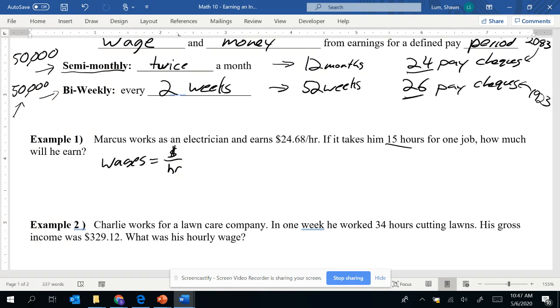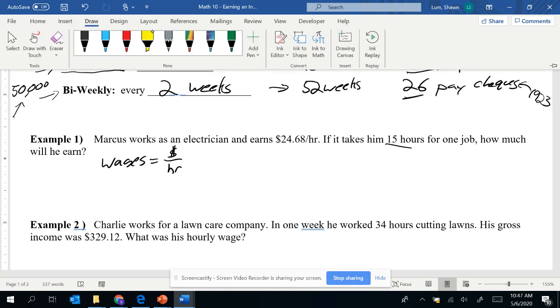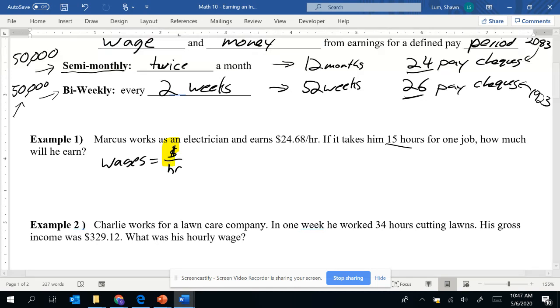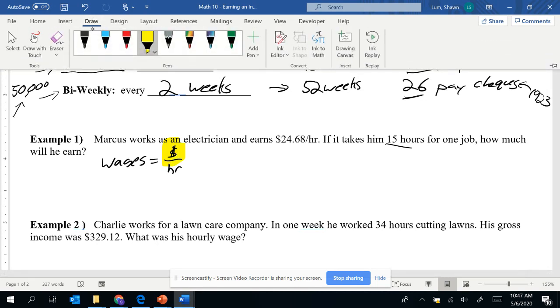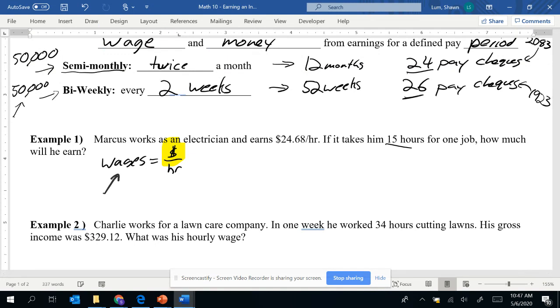I'm just going to grab my highlighter. We want to know the dollars. We know what the wage is. The wage is $24.68. We know what the hours are. The hours are 15.